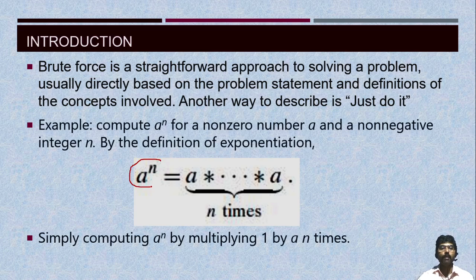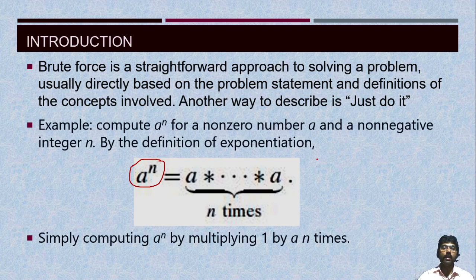In a straightforward method, that is just do it method, we can just multiply this a n number of times. When you multiply this a n number of times, it is nothing but a raised to n. So we have to apply such algorithms where you have to multiply a n times.